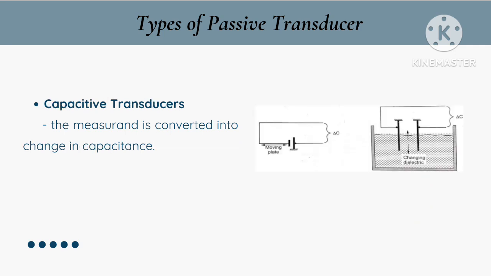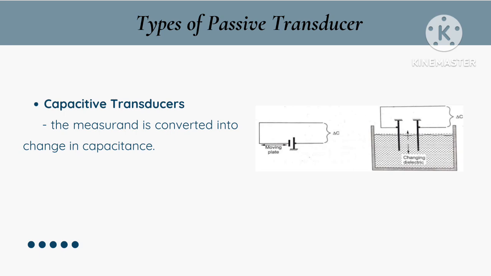Another example of passive transducers is the capacitive transducer. The measurand is converted into a change in capacitance. These transducers work based on changes in capacitance caused by variation in the distance between capacitor plates, the area of overlap, or the dielectric constant.